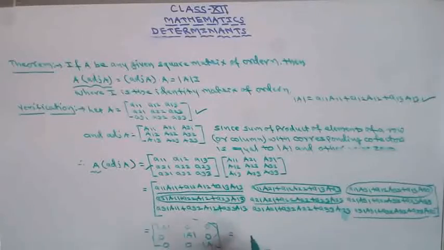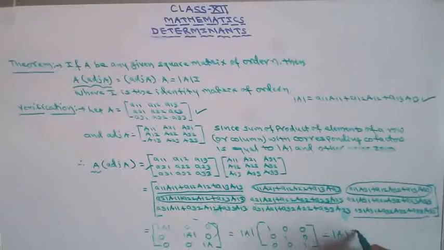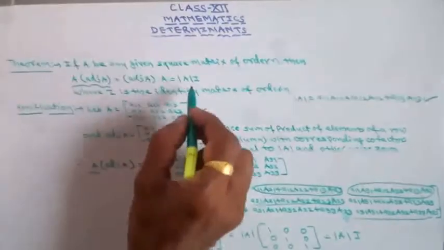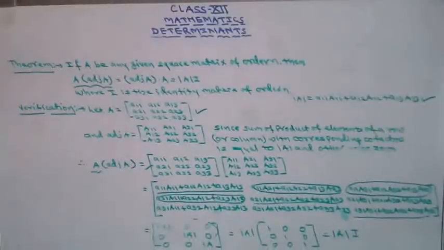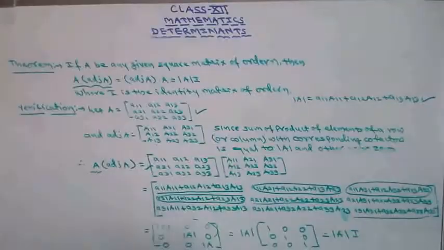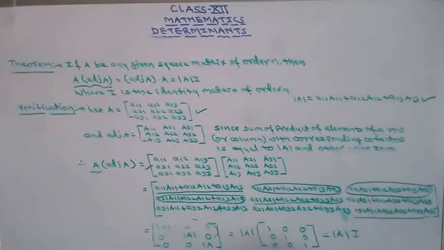So that will be equal to determinant of A into 1, 0, 0, 0, 1, 0, 0, 0, 1. So that is determinant of A into I. So A into adjoint of A is equal to determinant of A into I. And similarly we can prove adjoint of A into A is also equal to determinant of A into I. So in this way we can prove it.